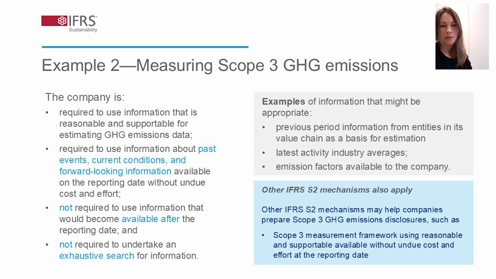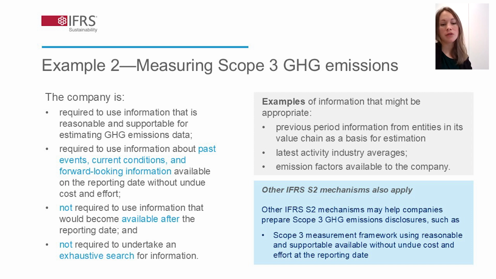As part of its assessment of its circumstances of what constitute available and supportable information without undue cost or effort, including the consideration of the cost and effort for the company in obtaining the information compared to the benefit of the resulting information for primary users, the company might determine that it's appropriate to use the following information in preparing disclosures, also taking in consideration the Scope 3 measurement framework.